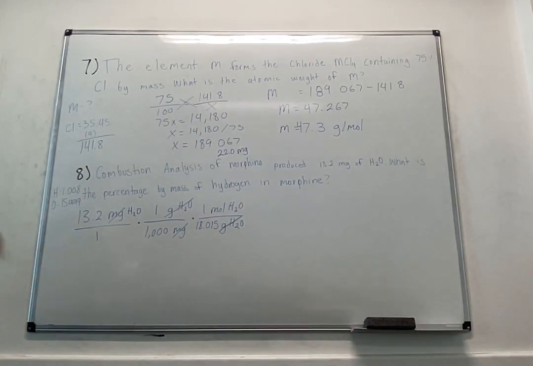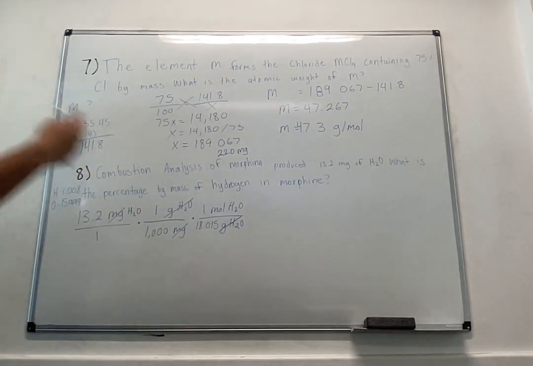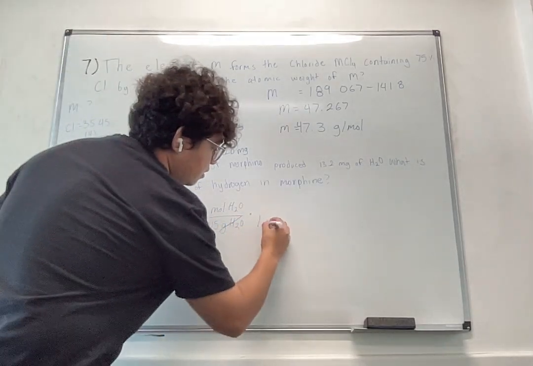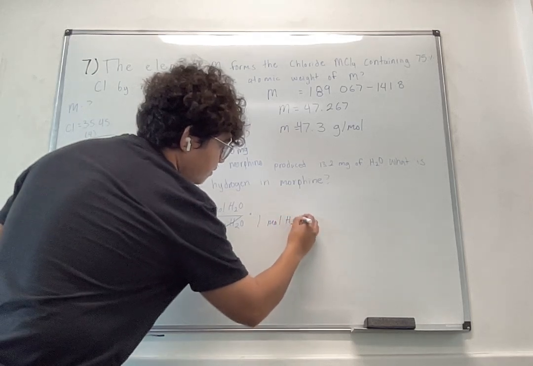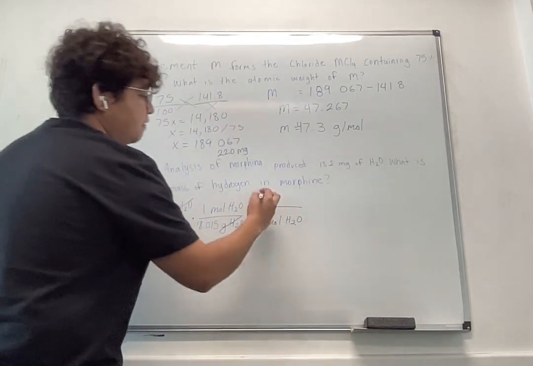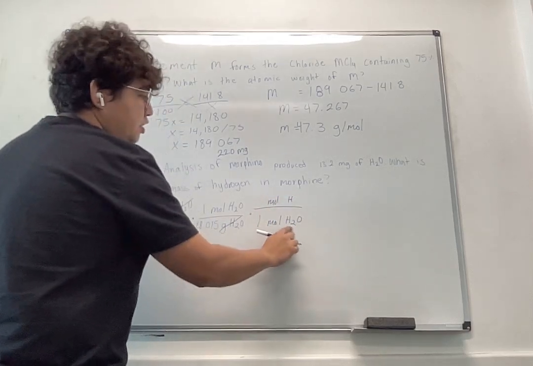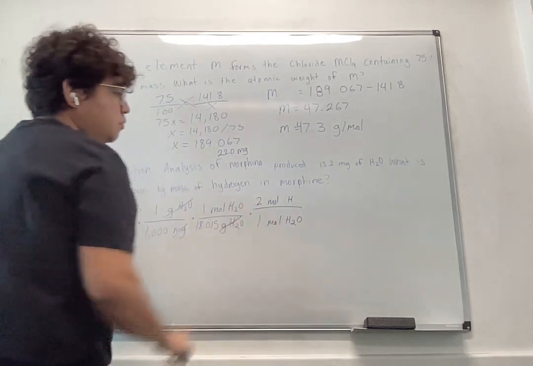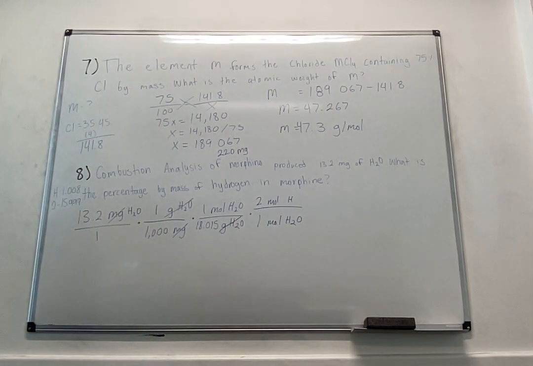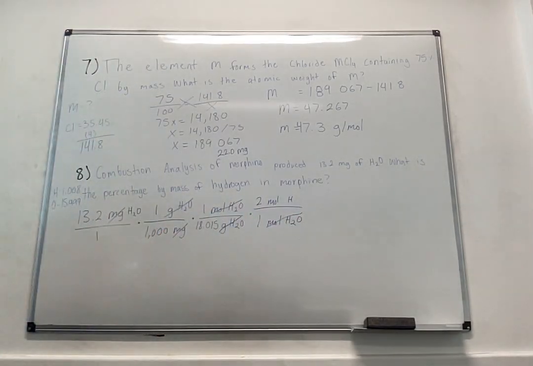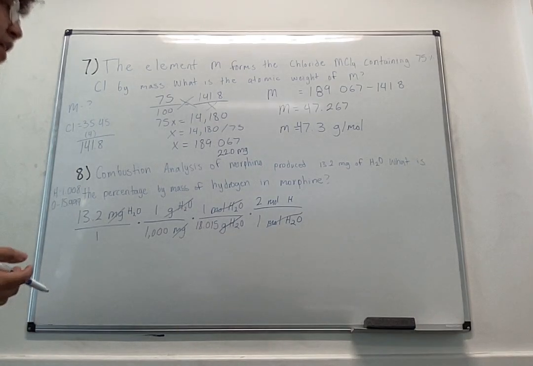But remember, we want the mass of hydrogen, so we got to go to mole of hydrogen. So for every mole of H2O, how many moles of hydrogen do we have? We got 2H. So 2 moles of hydrogen for every mole of water. Now we cancel out mole of H2O. Finally, we're at moles of hydrogen.